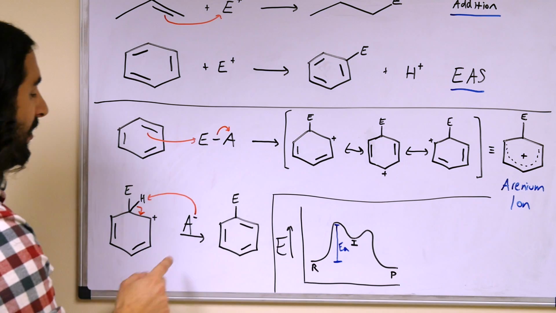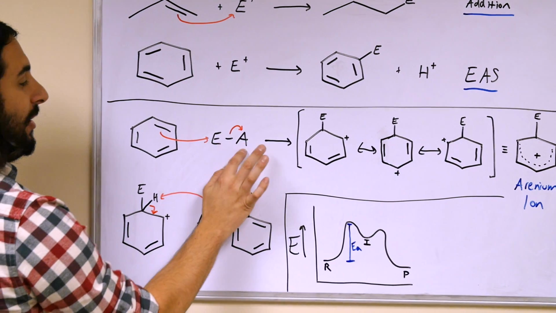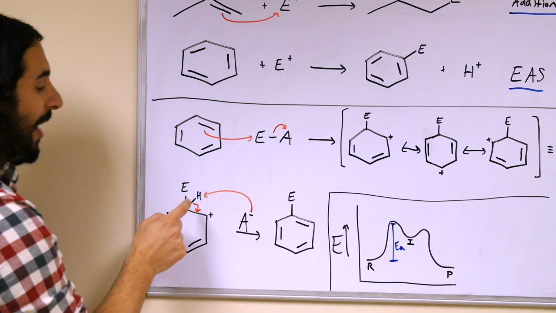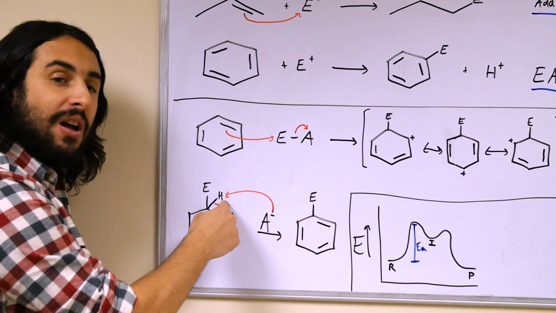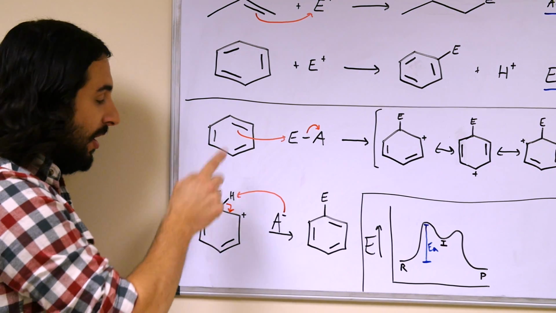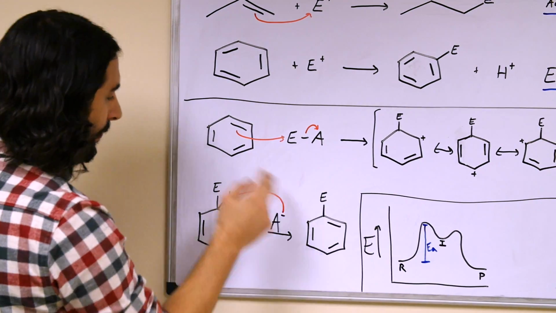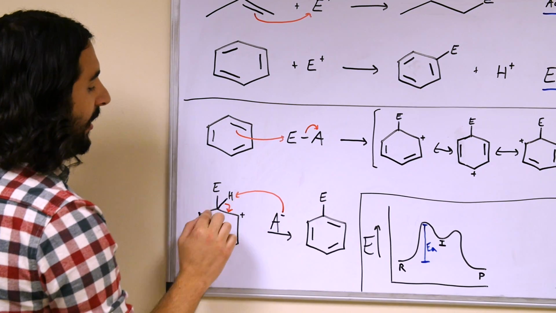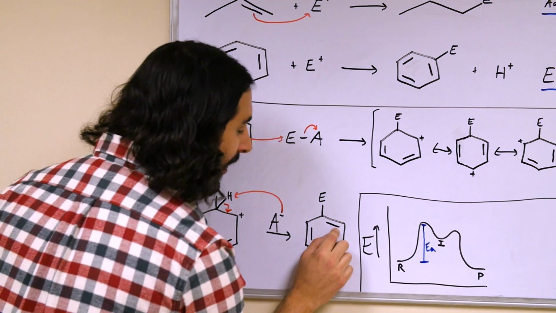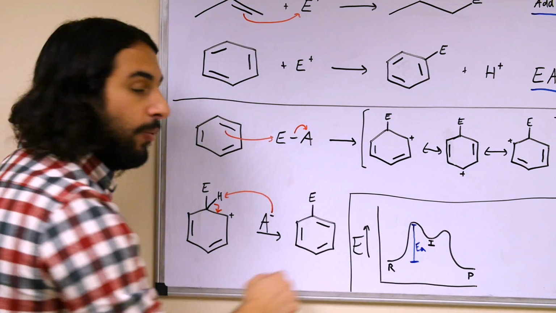However, if we do a substitution, so the rest of the molecule here, the A minus from before, if that goes ahead and extracts specifically the proton located on the carbon that now bears the new electrophile, must specifically be that one. If it goes and extracts that, then the electrons left behind in the carbon-hydrogen bond can form a new pi bond and thus restore aromaticity, right?